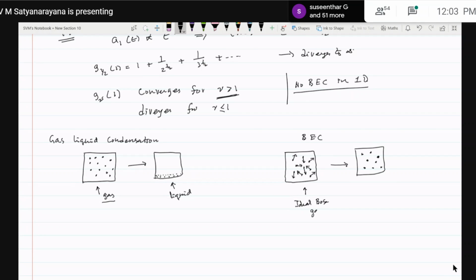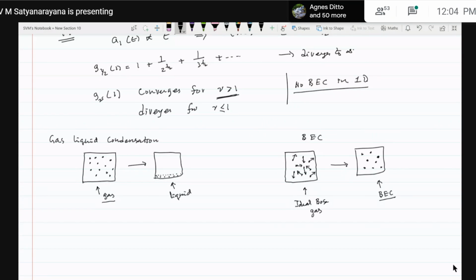Now, interestingly, why does this happen? It is because of the overlap of the wave functions. That is responsible for this kind of collective behavior. Now, all of these particles are like one system. They just sit there. In the case of the ideal Bose gas, they are still different.